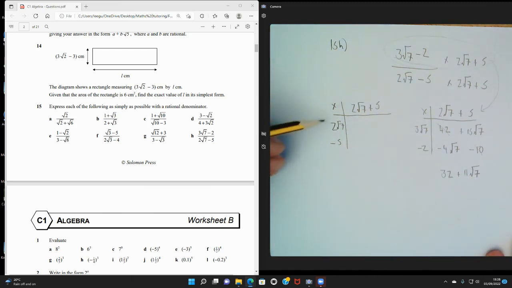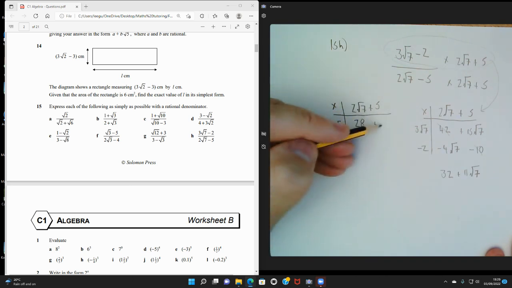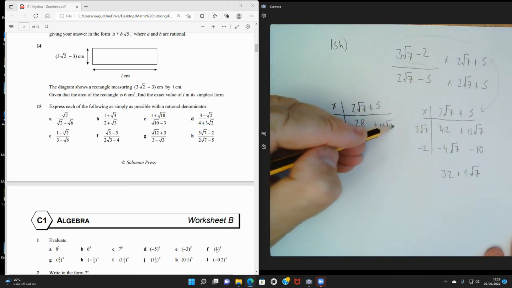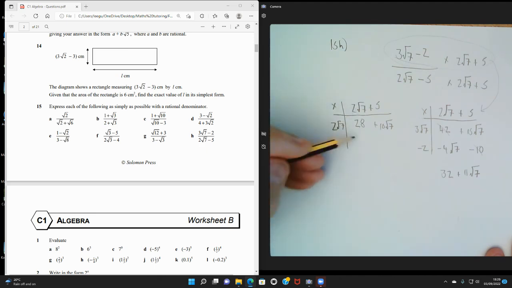Let's look at the denominator now. 2√7 times 2√7. 2 times 2 is 4. √7 times √7 is 7. And 4 times 7 is going to be 28. 2√7 times 5 is plus 10√7. And minus 5 times 2√7 is minus 10√7.